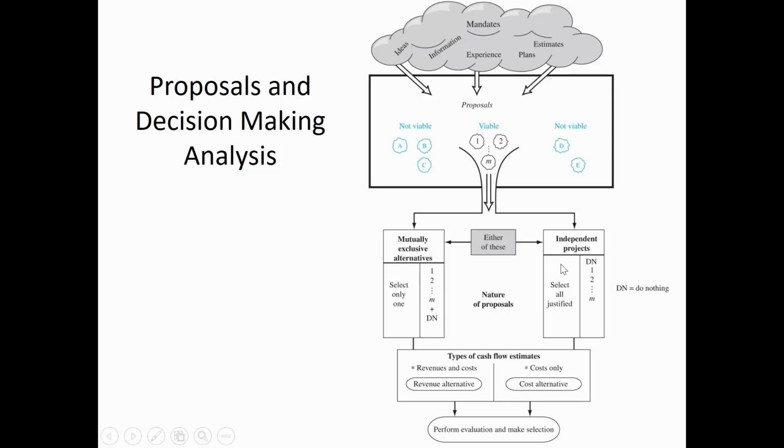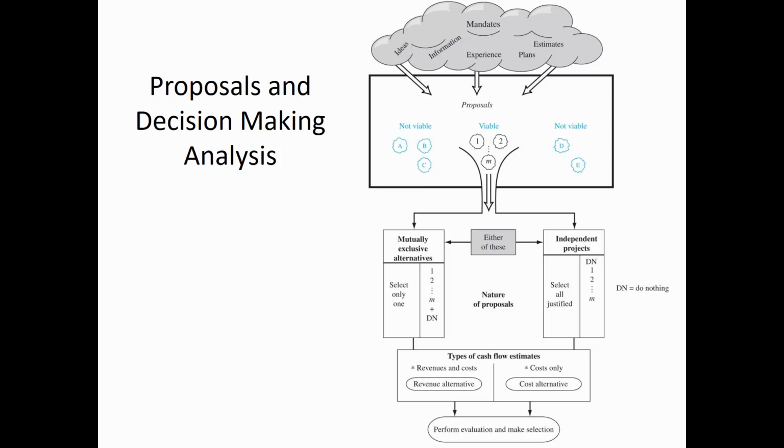Now, you'll notice that here under independent project it says select all that are justified, whereas in a mutually exclusive alternative you're just selecting one project. The last element of this decision-making system is that in some cases there are public projects and governmental type projects where you're going to have only costs and the project itself doesn't generate revenue.